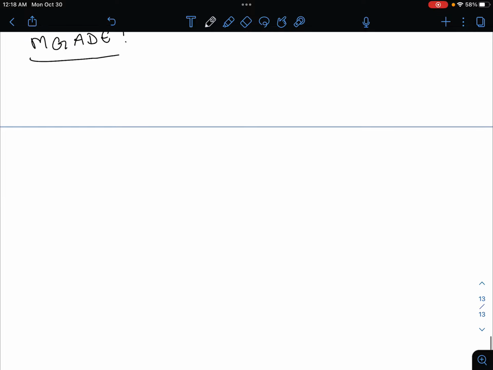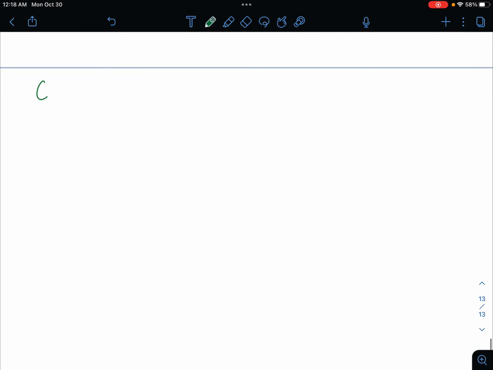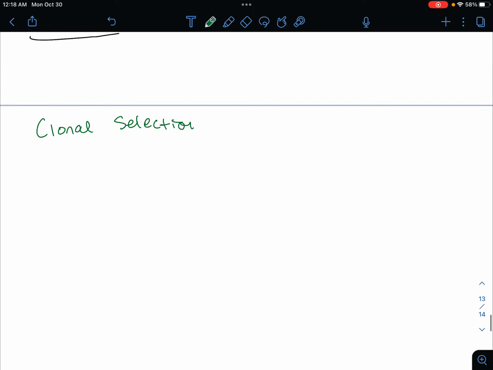Clonal selection. Okay, so when we have clonal selection, this does not have one of those icons in it, but we could still talk about it. This is the process where only cells that are specific to an antigen proliferate.